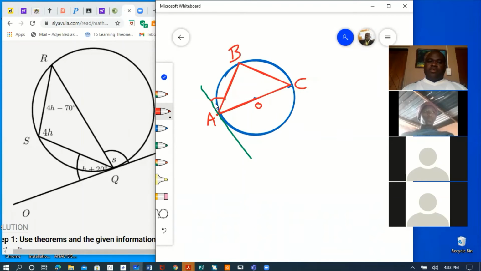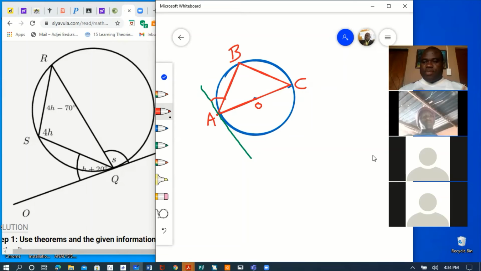And we say that the angle between tangent and chord must be equal to, from the revision we did, ne? The angle between tangent and chord should be equal to what? It should be equal to the angle in the... Oh, C. Yes, it should be equal to C.